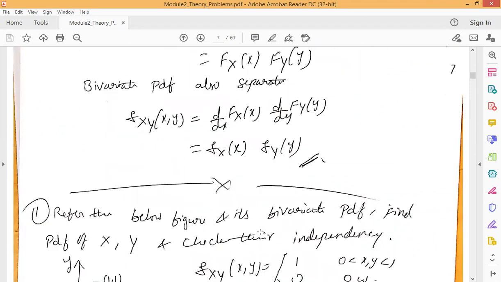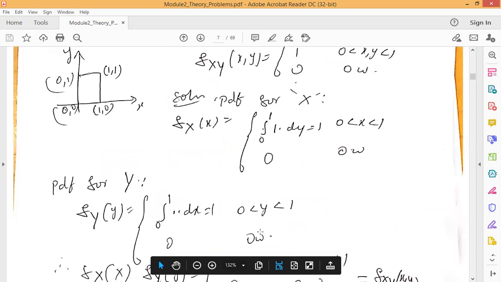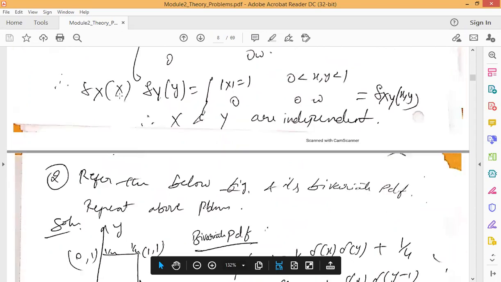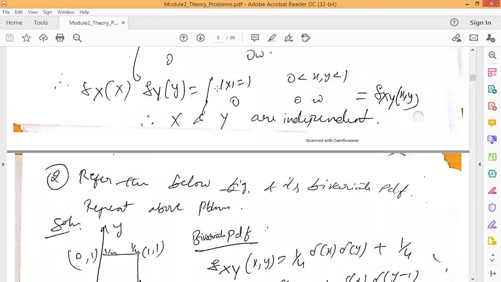Using that statement, f_X of x times f_Y of y: f_X of x was obtained as 1, f_Y of y is also 1, and 1 into 1 is 1, for x comma y lying between 0 to 1, and for other values of x and y it takes the value 0. This is nothing but f_XY of x comma y, the PDF given for the bivariate random variable. So this shows that the random variables x and y are independent.